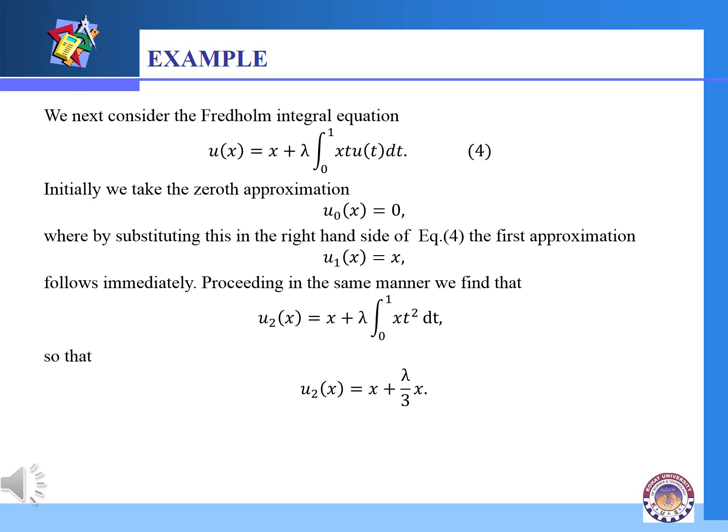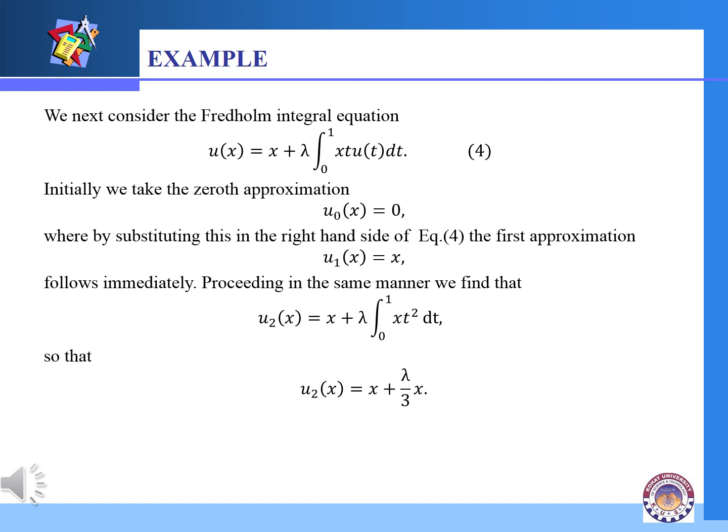Now by plugging u0 of x equal to 0 in equation 4 instead of u of t, because t is the dummy variable, the integral part will be equal to 0, and consequently u of x will be equal to x, and this is our initial approximation, which we relabel u1 of x equal to x.